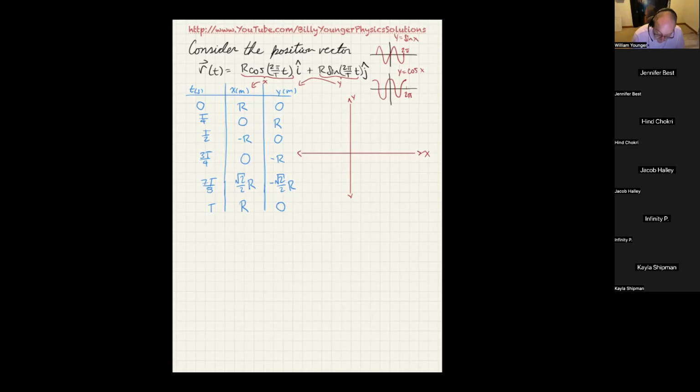I'm going to assume our r is 4 squares. So it'll be there, it'll be there, it'll be there, and it'll be here like that. So the first thing I'm going to do is find that r of 0 is that guy. And then the second thing I'm going to find is that r of T over 4 is that guy.